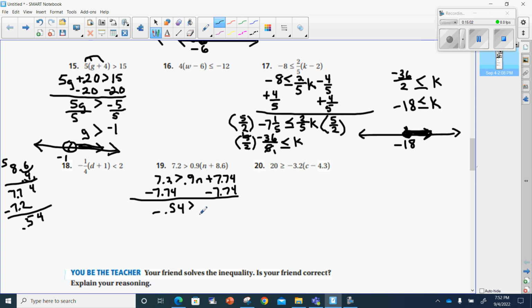Greater than 0.9n. Now I have to divide by 0.9 to get rid of that 0.9. Whatever I divide from one side, I divide from another. 54 divided by 9 is 6. So I'm going to check my calculator here.